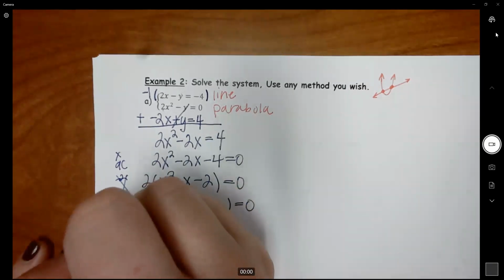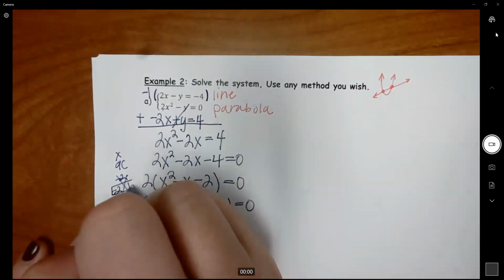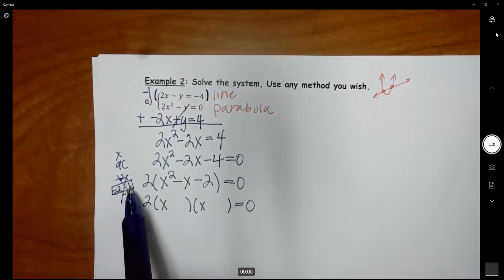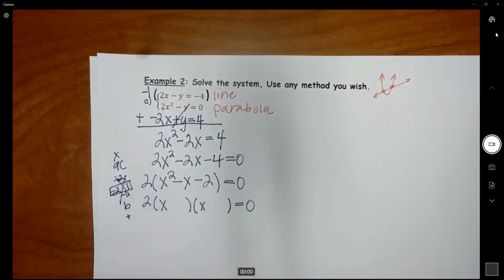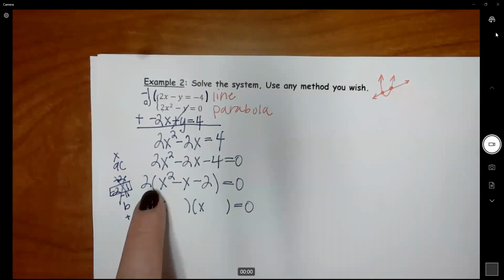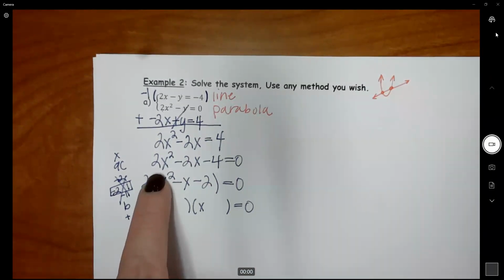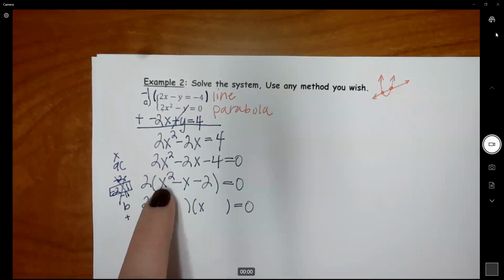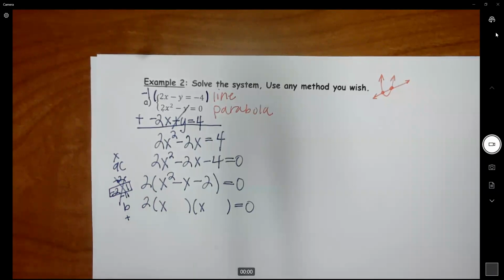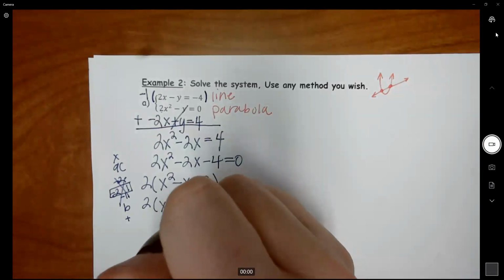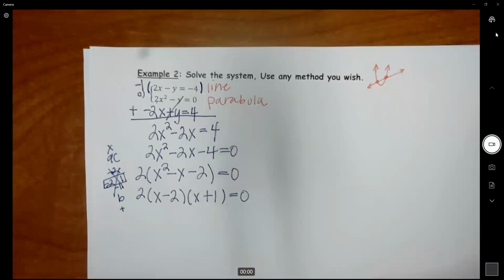That is going to be -2 and +1. -2 times +1 is -2, but when you add, you get that -1. This is now an easy trinomial because I factored out that 2. If I don't factor out that 2, I have to rewrite the middle term and factor by grouping. But because I pulled it out, now my trinomial is easy. So this becomes (x minus 2)(x plus 1).